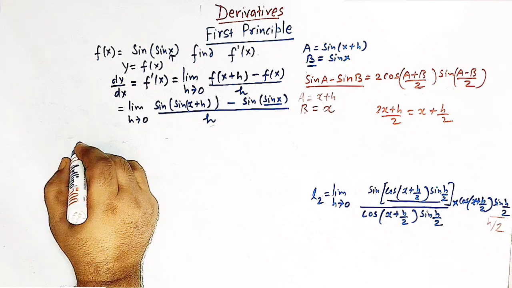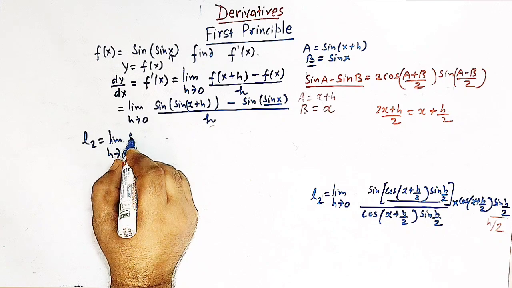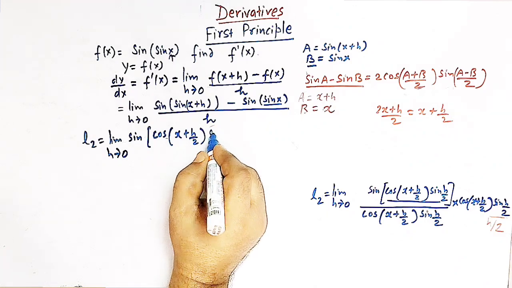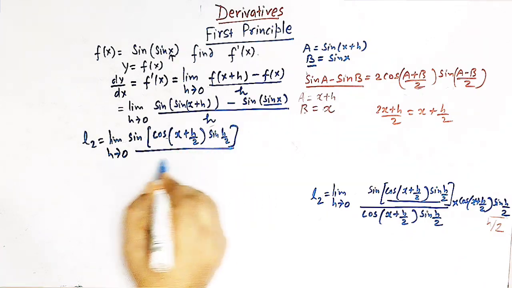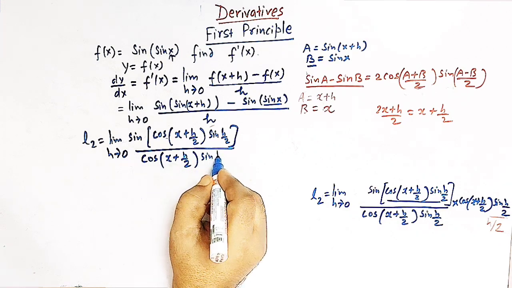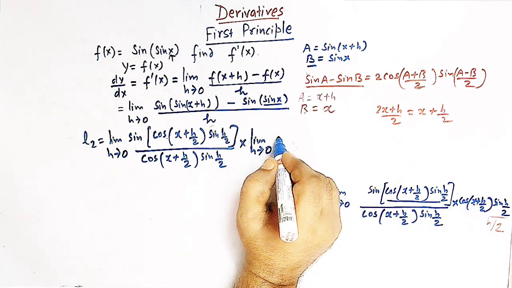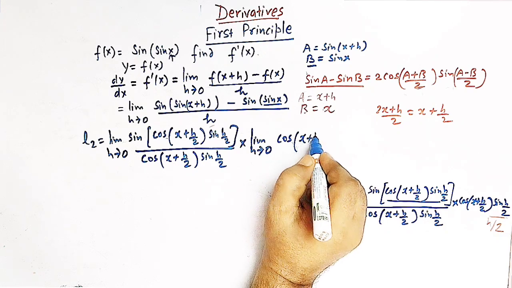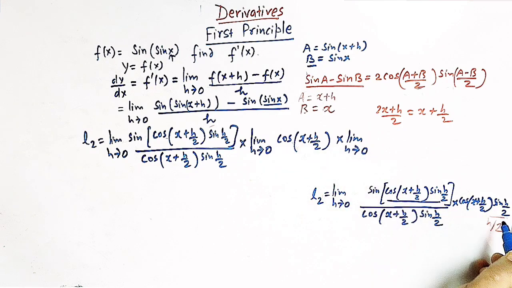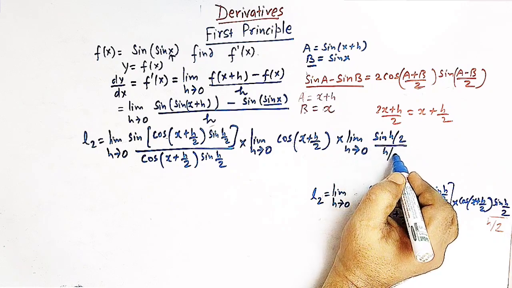So now this limit L2 can be written as the limit h tends to 0 of sine of cos x plus h over 2 sine h over 2 divided by cos x plus h over 2 and sine h over 2, multiplied with the limit h tends to 0 of this term, that is cos x plus h over 2, multiplied with the limit h tends to 0 of this term, that is sine h over 2 divided by h over 2.